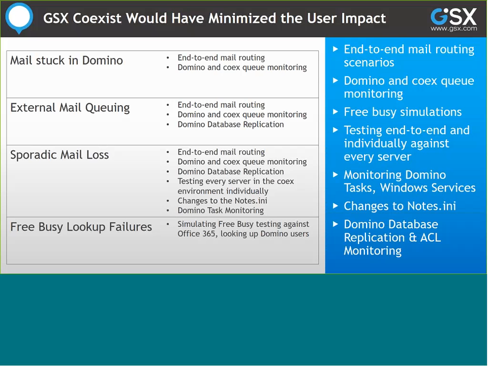So yes, to recap, as you can see, the different end-to-end checks to simulate the mail routing, the different FreeBSD checks, doing the monitoring of each of the components, so the Domino server, the Windows server that can be involved, looking at the different queues, different tasks, different services that are running, looking at the different changes that can happen, changes to the configuration, like the notes.ini that we mentioned, looking at the changes in the permissions, in the ACLs, ensuring the replication between the different Domino servers, for example, monitoring the Domino replication.